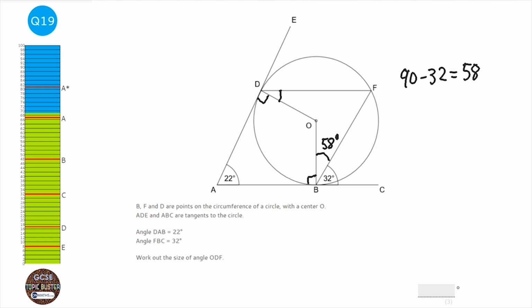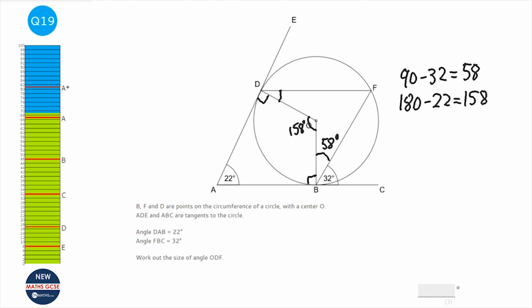So to work out this angle here, I just need to do 180 take away 22, which equals 158. So that is 158 degrees. And that's just angles in a quadrilateral, and the angle between a tangent and a radius is 90 degrees. There are other ways you can work that out, but I'm not going to go into them.